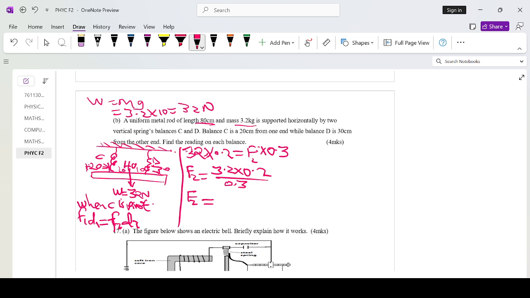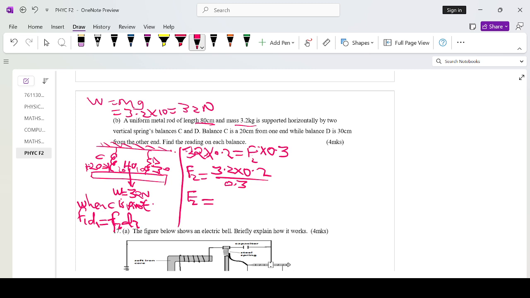Maybe if this is the pivot, our clockwise moment will be, I'm just breaking this down further. Let's see. If you do it like that, it should be equal to F2.